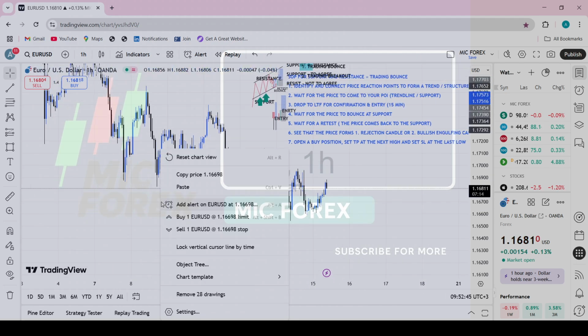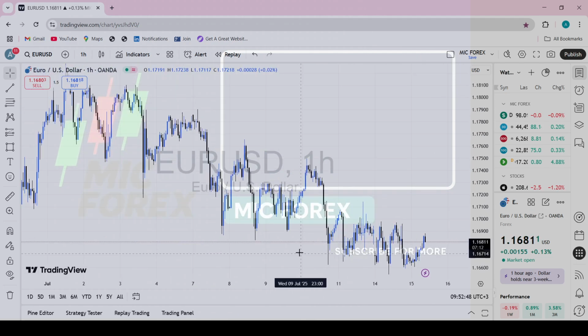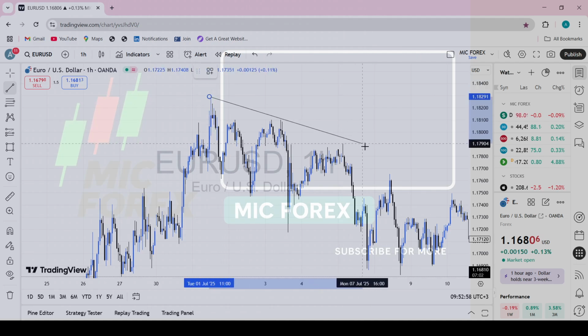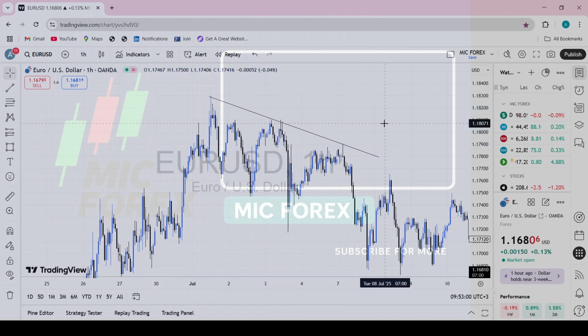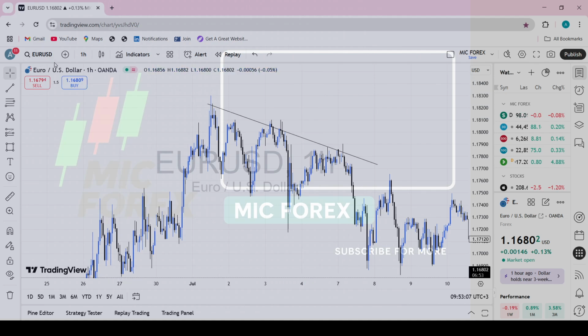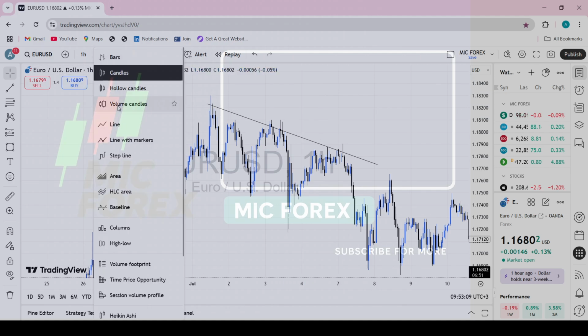Now, many times people are going to be asking me, when you're marking a trend line, do you use wicks or do you use body? The best way to place your trend line, you can look at that point. You can also put it here. That is when you want to touch on the bodies, but you can just go to change the price presentation into line.